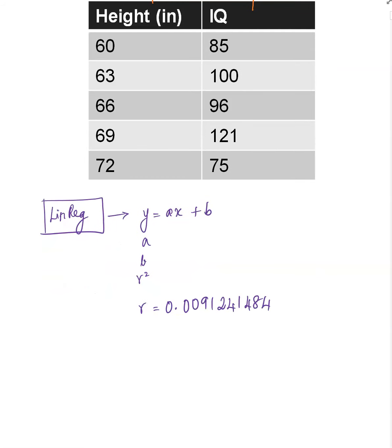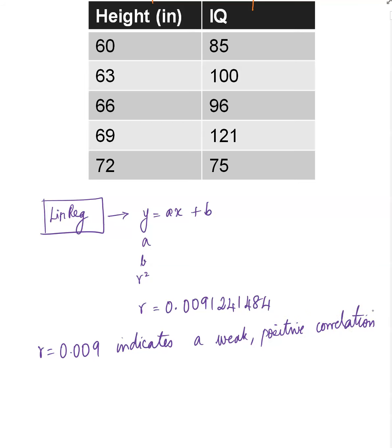Okay? R equals 0.009 indicates a weak positive correlation. So you're talking about the strength and the direction.